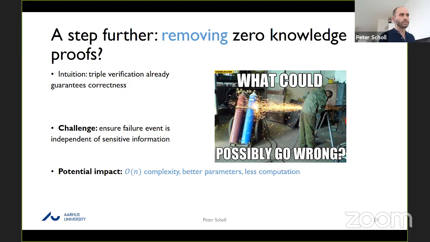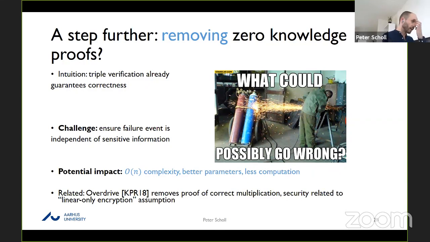Proving this is very difficult, but if you can do it, then you can avoid this quadratic complexity from the zero-knowledge proofs. You can get better parameters in the ciphertext because all of this noise drowning goes away, and you get much less computation, basically a factor 2 overhead over the passive protocol. This is kind of a dream goal, which is difficult to analyze.